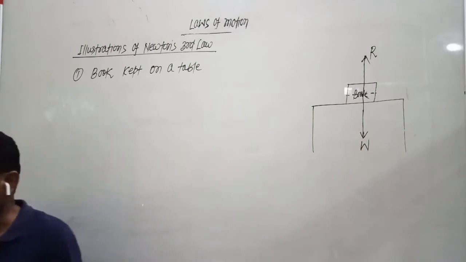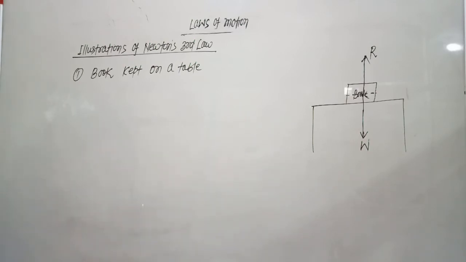So when a book is kept on a table, the book exerts a downward action force on the table equal to its own weight.